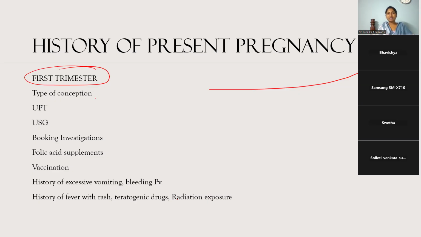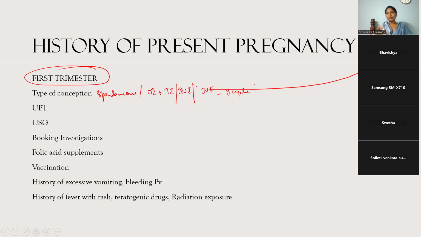Whether it was a spontaneous conception, whether she has taken any ovulation induction drugs accompanied by natural cycle timed intercourse, or intrauterine insemination, or whether IVF was done, whether it was the first cycle or second cycle, or in which cycle of IVF it was positive.